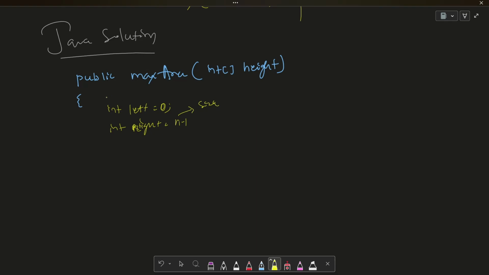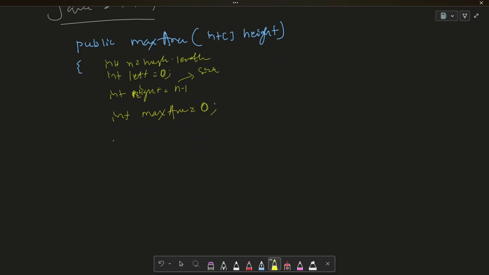We can take here n equal to height.length. Again we have to declare one more variable, maximum area, where we are going to keep our maximum value. Let's keep it as 0. Now as per our condition, we are going to start the loop while left is less than right.